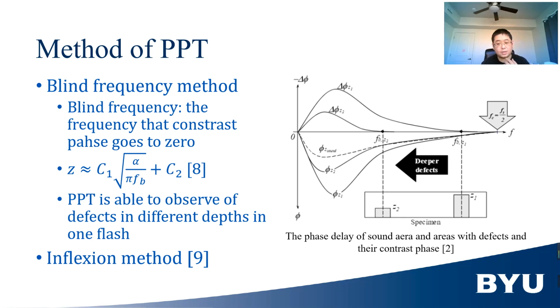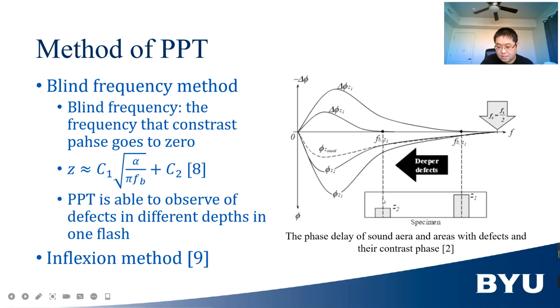Based on this concept, we are going to use two methods. First of all, the blind frequency method. The definition of blind frequency is based on this figure. On the negative axis is phase delay under different frequencies. This phi s is the phase delay of the sound region.